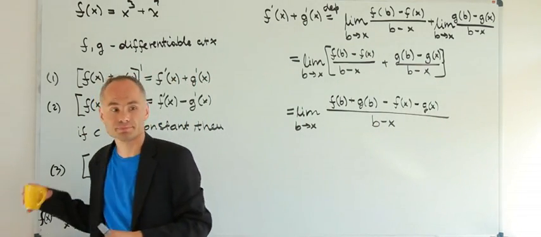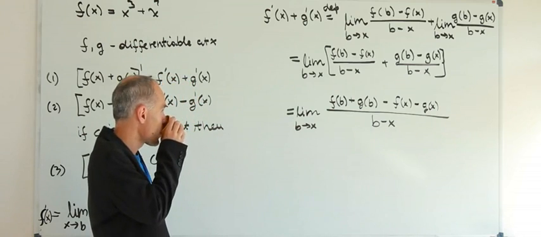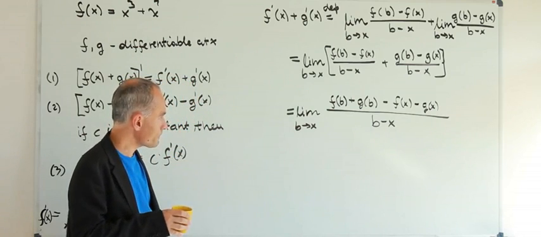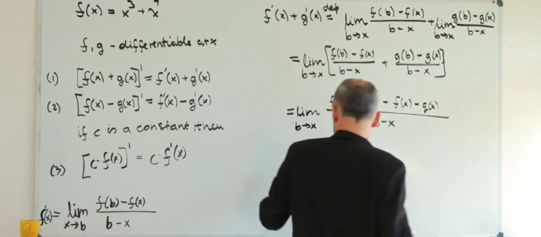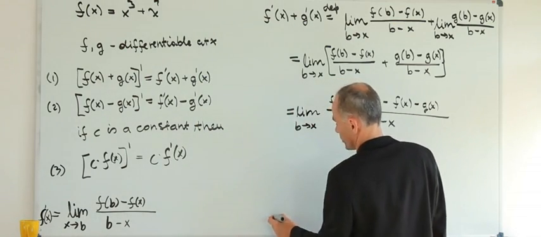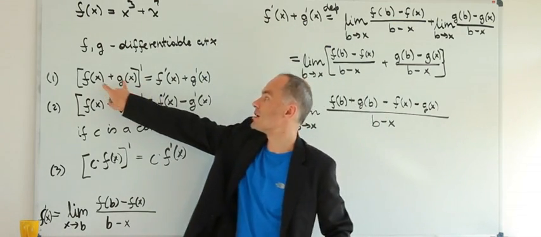What will we do now? What is it that we're getting? We're trying to get the derivative of the sum of f and g.